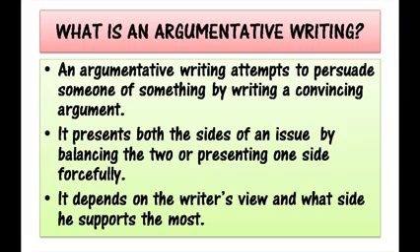So this depends on the writer's view and what side he wants to support the most. So in an argumentative writing, we try to put forth our point of view in a convincing tone. So we try to support both the sides, that is the pros and the cons, or supporting one strongly.